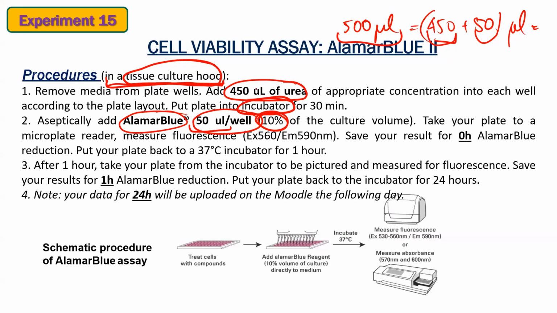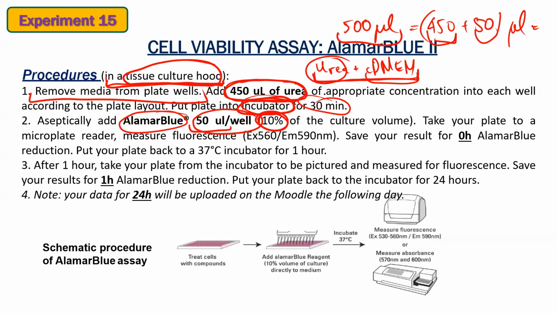As we said before, we add the urea in complete DMEM. So urea plus complete DMEM, and complete DMEM is for the cells to live. You add them after you remove everything from the well. After this addition, you incubate for 30 minutes because you want cells to adjust to the new conditions, to the new environment that includes urea.